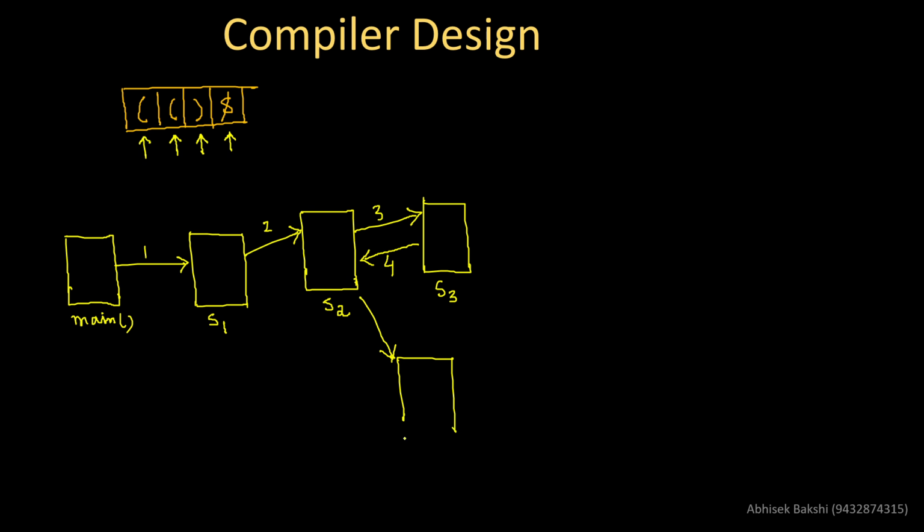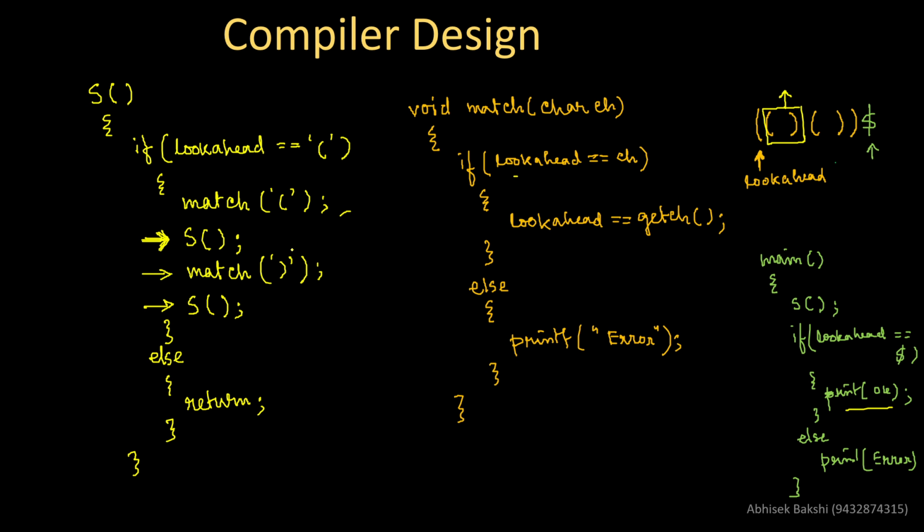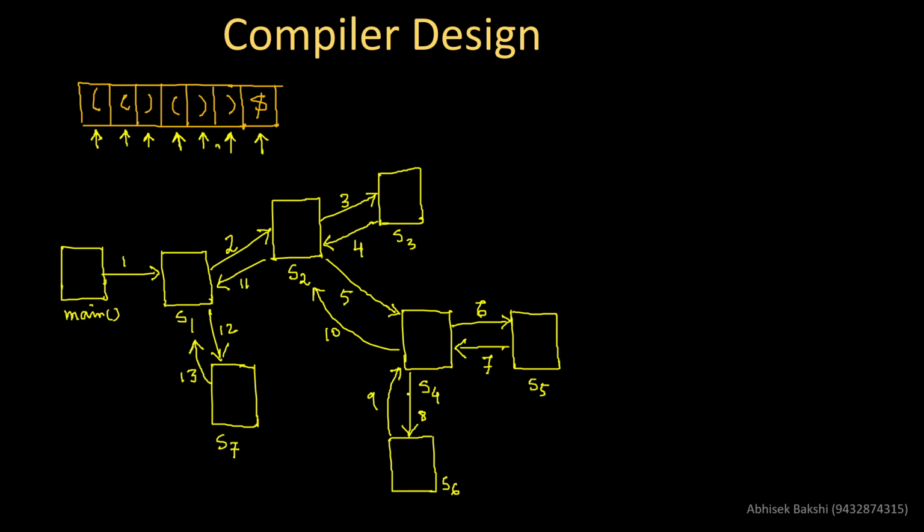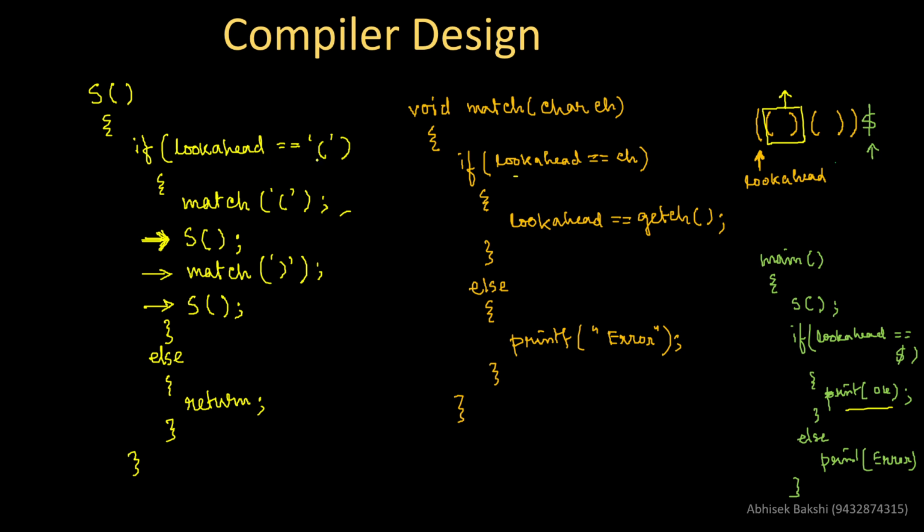Now see, from the fourth clone's point of view, the read pointer is pointing to dollar, and since this s4 was just called for the first time, lookat is pointing to dollar, so lookat equals opening brace will be false, it will come in the else part, so it will immediately return.